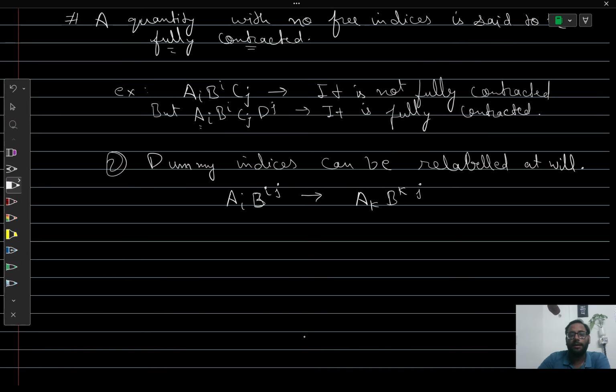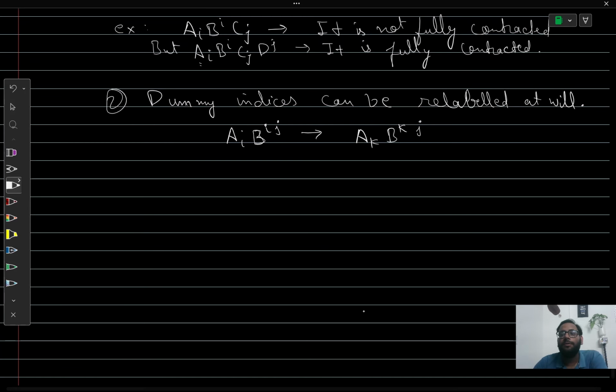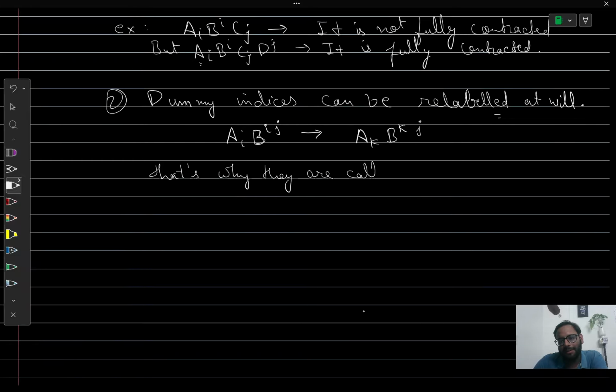You just take any other index to relabel it. You are free to choose your dummy indices, and that's why they are called dummy.